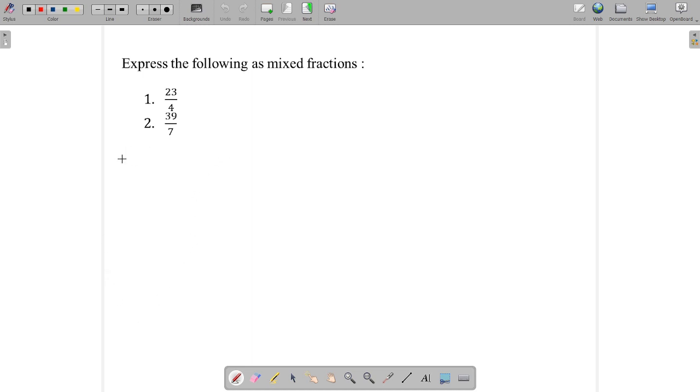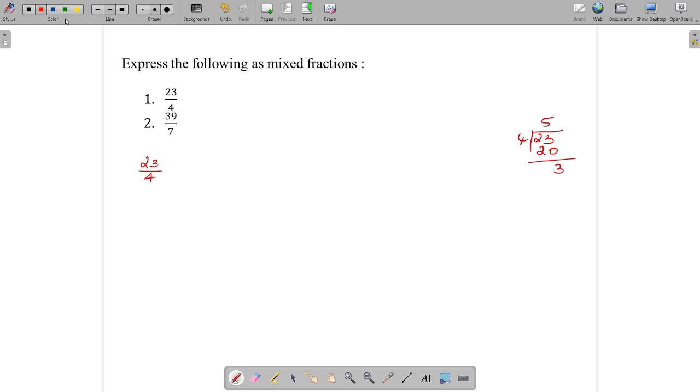Express the following as mixed fractions. The first one is 23/4. So the numerator is 23, denominator is 4. The procedure is to divide 23 by 4. We will get 5 times. 5 into 4, 20.